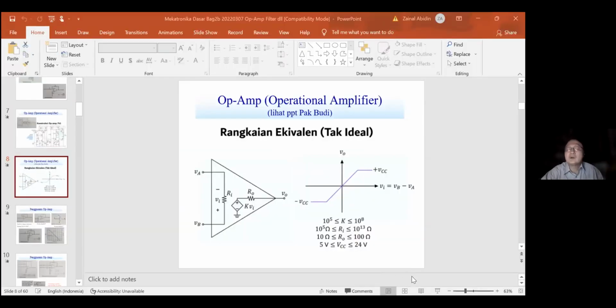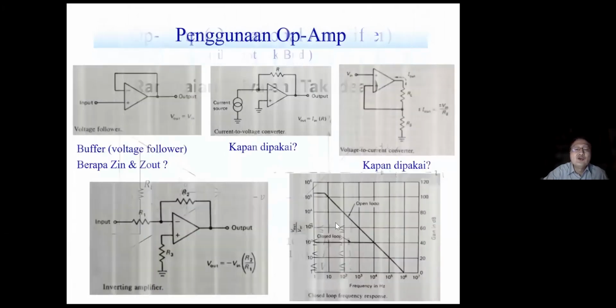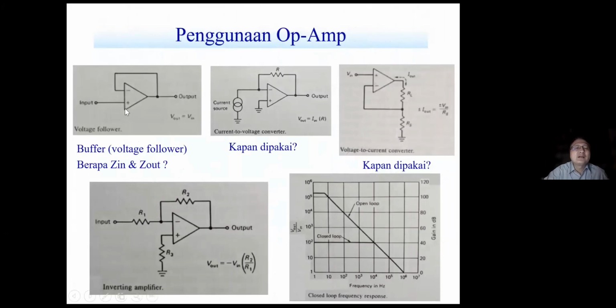Look. Okay, this one is the op-amp, and the op-amp is something like this one. The multiplier is 10 to the power of 5 until 10 to the power of 8. This one is the op-amp, and the uses of the op-amp are these. This one is a buffer.